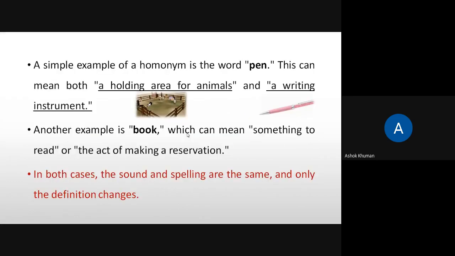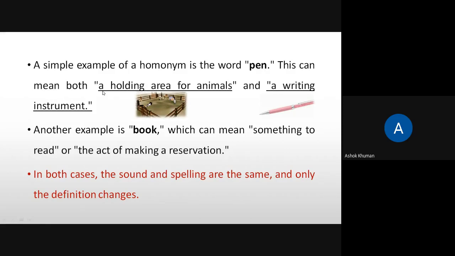Let us understand them more clearly with examples. A simple example of a homonym is the word pen. Same spelling, same sound.